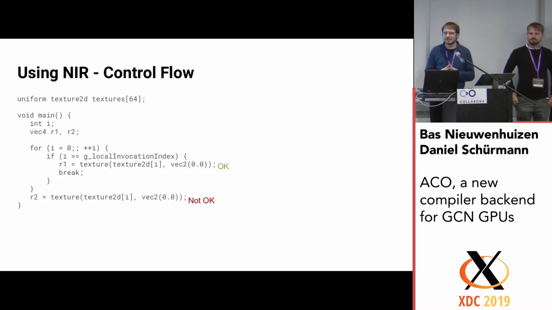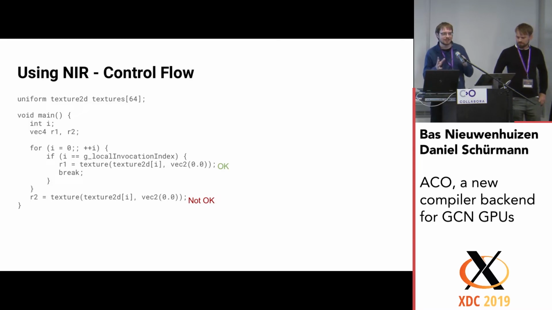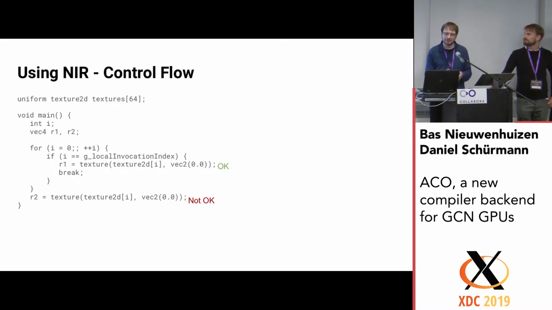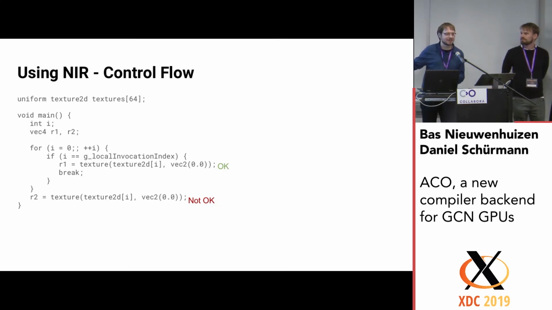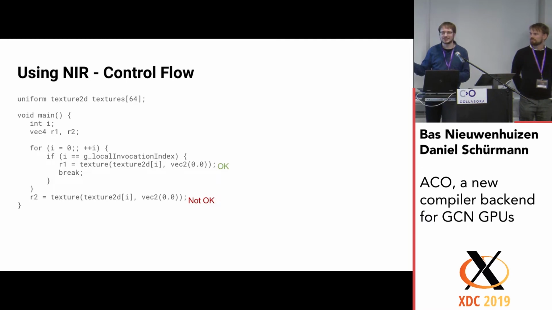Then there are two blocks in which we have a texture access, the break block and the merge block, and these are executed at different times. The break block is executed in the loop, so in this case every iteration one lane exits the loop. That break block gets executed X number of times, while the block at the end only gets executed one time. One obvious issue here is that in the loop, I is the same for all the lanes that are still active. But outside of the loop it's different, because you exited in a different iteration.